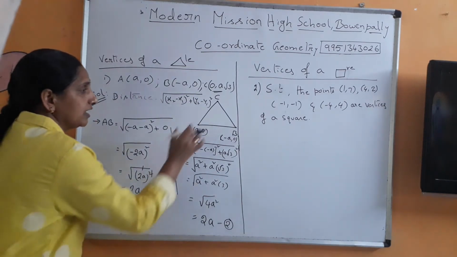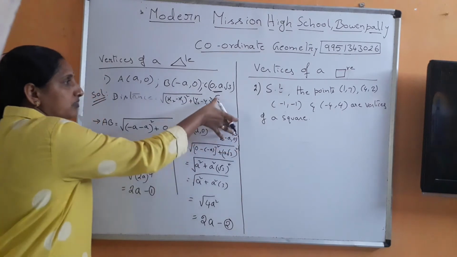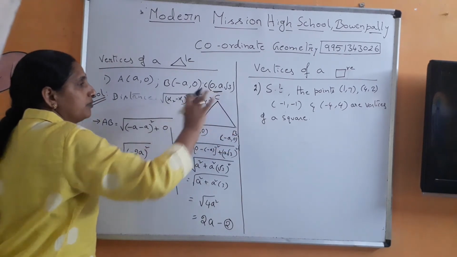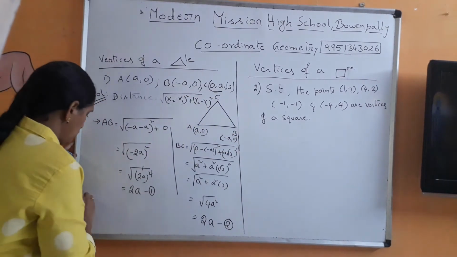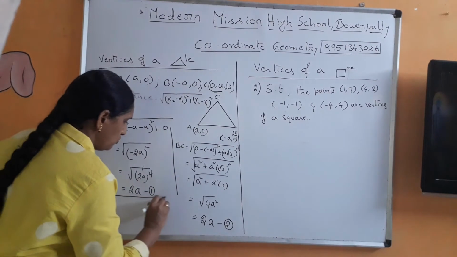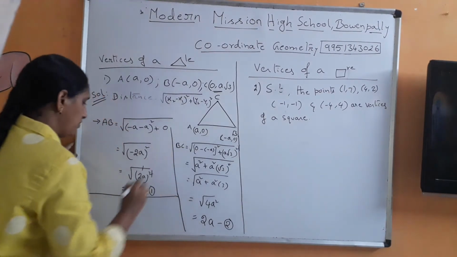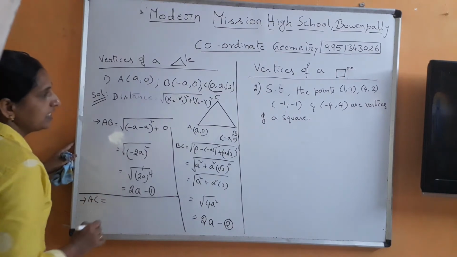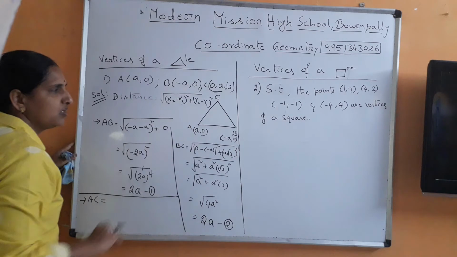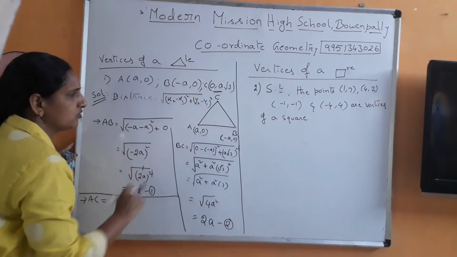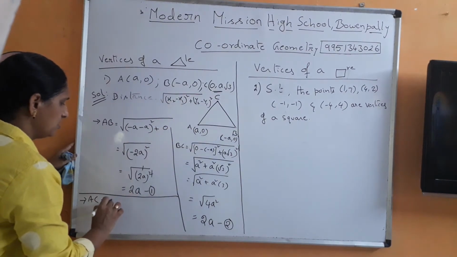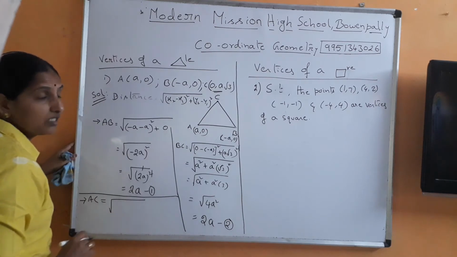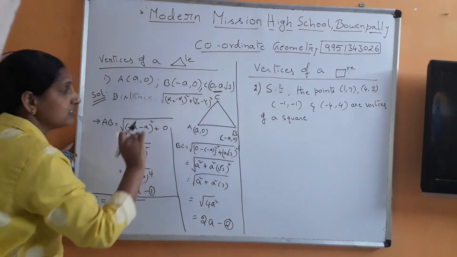Now, what is our target? We have determined these two. Now our point is to find out AC. AC is equal to, or it can be CA, makes no difference because it is the difference inside the square.